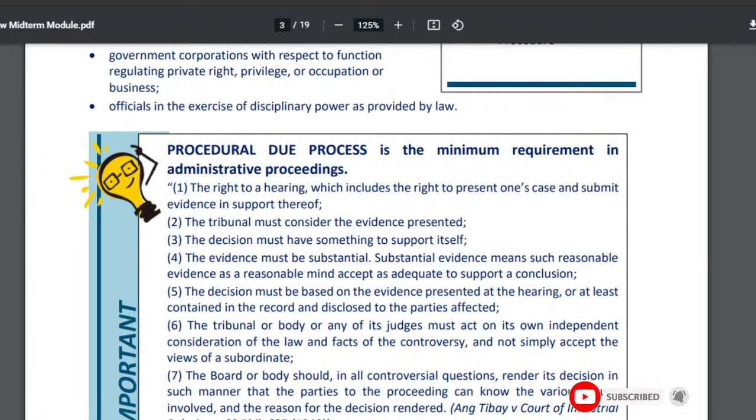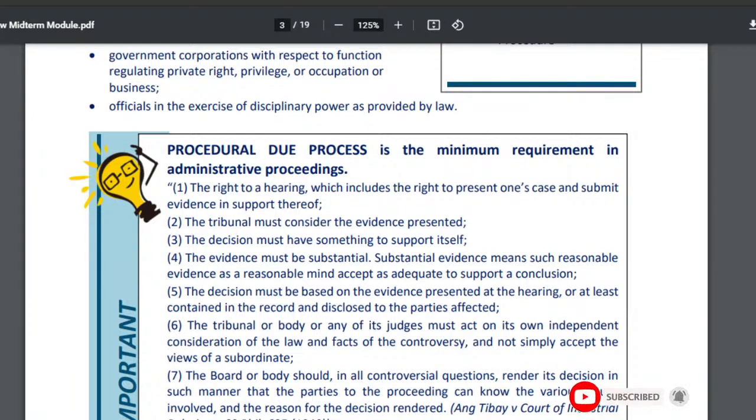Number 5, the fifth right is that the decision must be based on the evidence presented at the hearing. Now, kani siyang evidence that was presented at the hearing, of course, is substantial evidence, or it is contained in the record and disclosed to the parties affected, because the parties affected must know what was the basis of the tribunal that decided the case in coming up with a decision. Dili pwede nga ang decision gibasihan lang sa wala sa atong mga tribunal or sa atong officers nga nag-decide sa case.